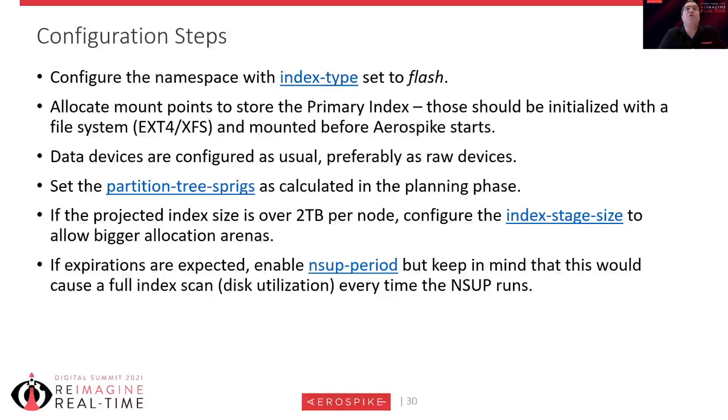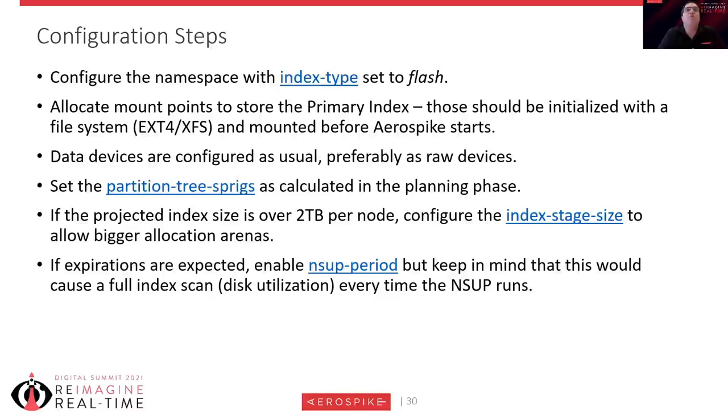We'd set the partition tree sprigs as we calculated before in our planning phases, and if the projected index size is more than 2 terabytes per node, we'll need to modify the index stage size to allow for bigger indexes per node.